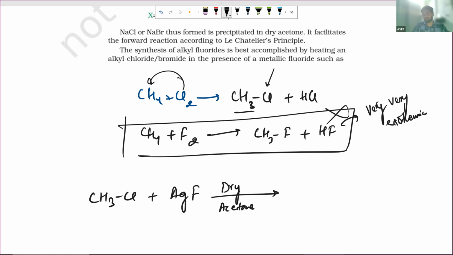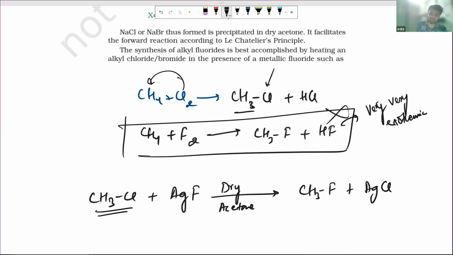Acetone is a ketone, or propanone. In the presence of dry acetone, it gives you CH3F plus AgCl.